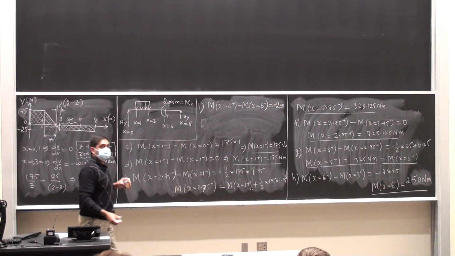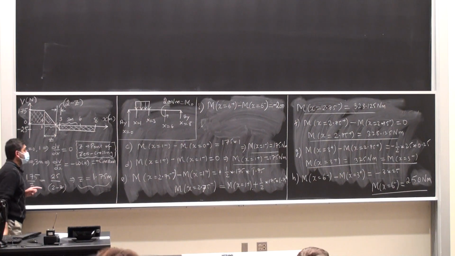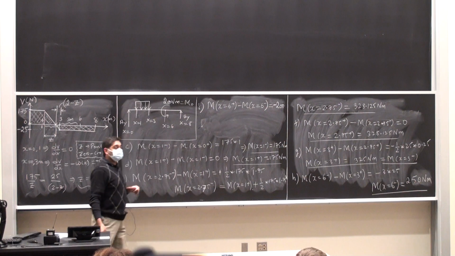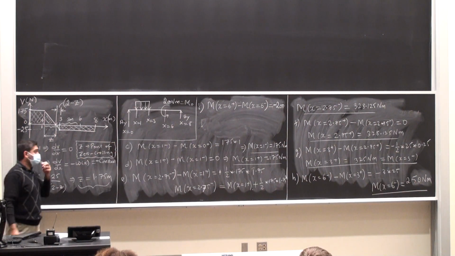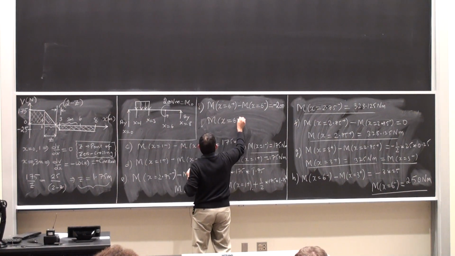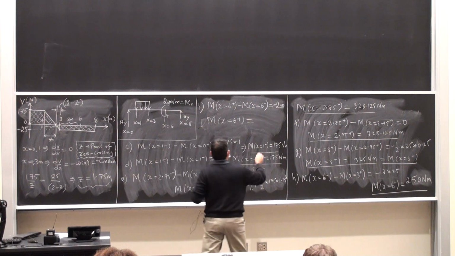Negative sign, please make sure you're getting that idea right. We did the derivation, so I'm not going to go back and do it again, but counterclockwise couple moment distorts the bending moment diagram down. Okay? Do the math. X is equal to 6 plus is going to be 250 minus 200, so that's 50.